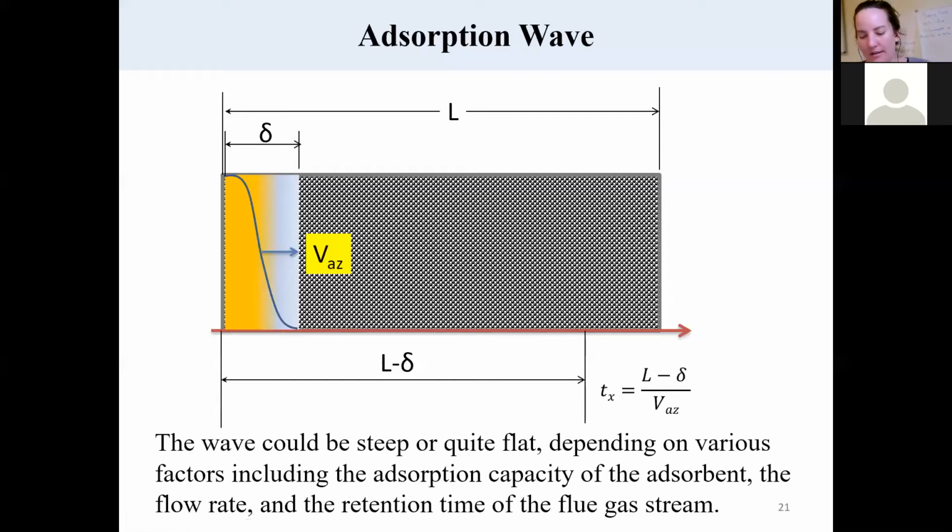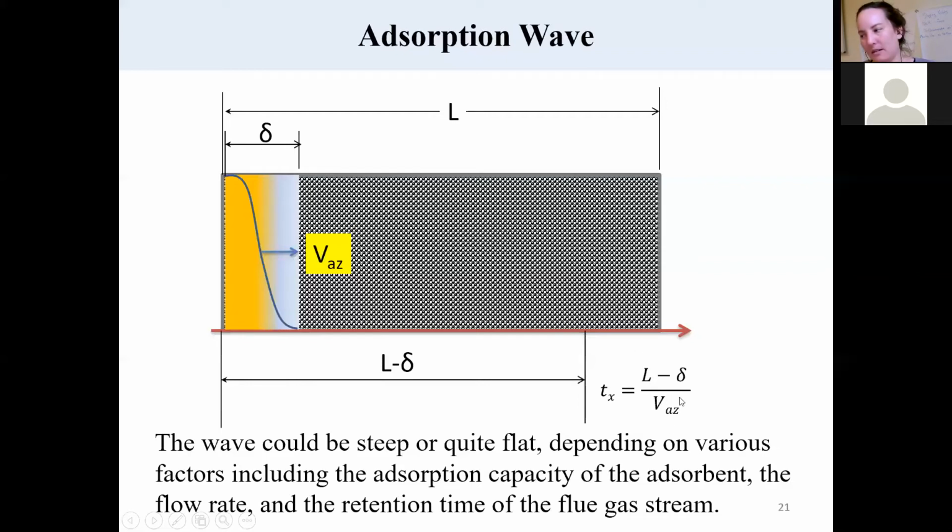That's the concept of the adsorption wave and how the pollutant is adsorbed in this type of filter. Here is the length, and delta tells us how wide the adsorption wave is, and it's moving step for step along the length of the filter. At some time, Tx, this distance is going to overlap with the end of the filter, and this is the breakthrough time, the time at which some of the pollutant starts to escape from the filter.